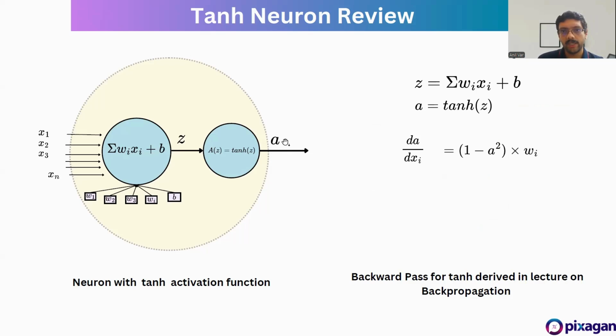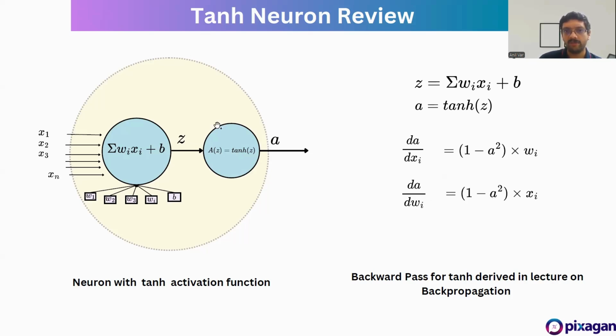Basically, we see that the derivative of the output with respect to the inputs is the corresponding weight times 1 minus a square, which is the derivative of the output with respect to z. So it's the backprop through the tanh function.